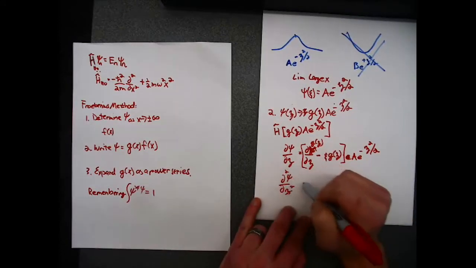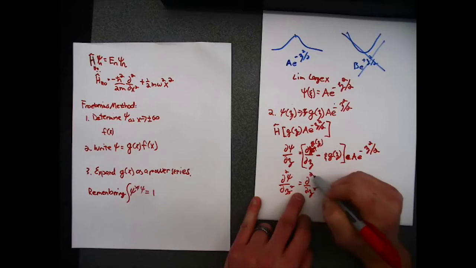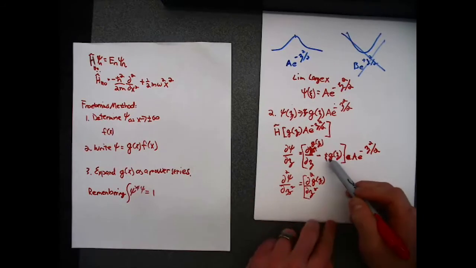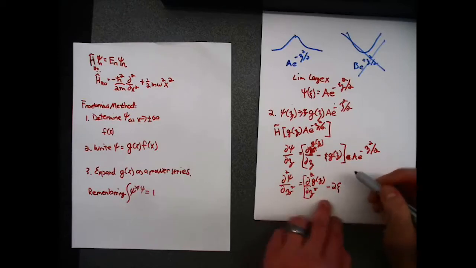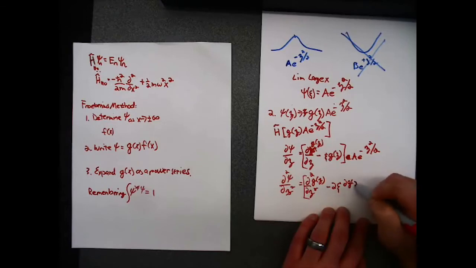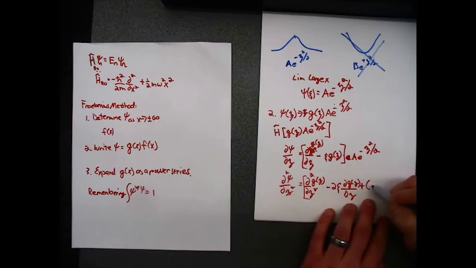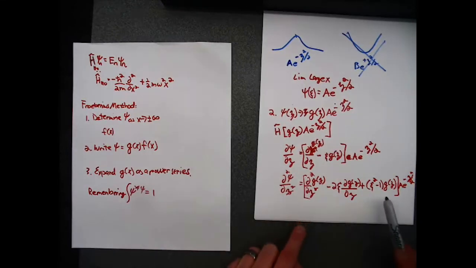Again, we need to use the product rule here, so we get the second derivative of g of c, minus 2c dg of c by dc, plus c squared minus 1 times g of c, and then all of that times our Gaussian. We take that second derivative.